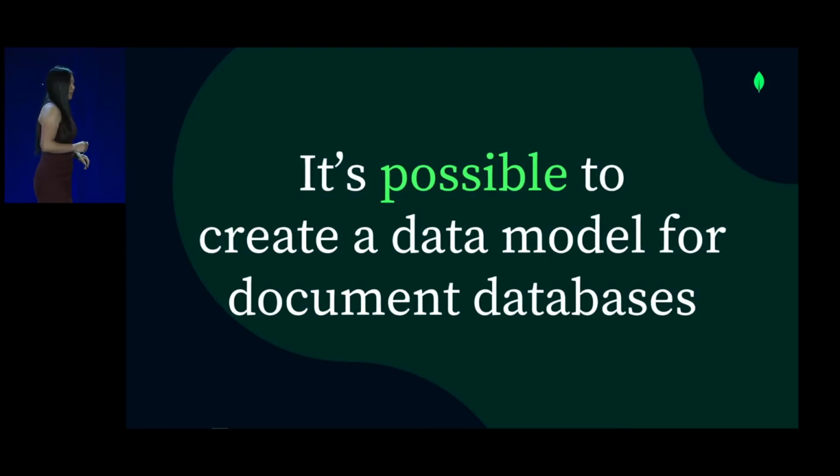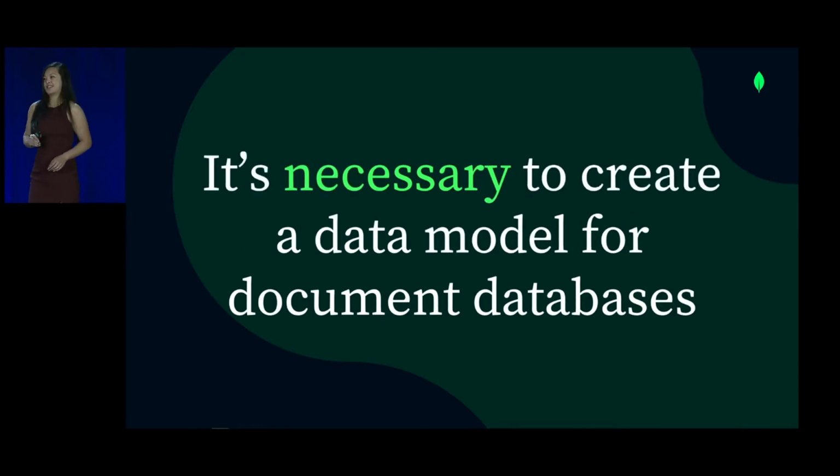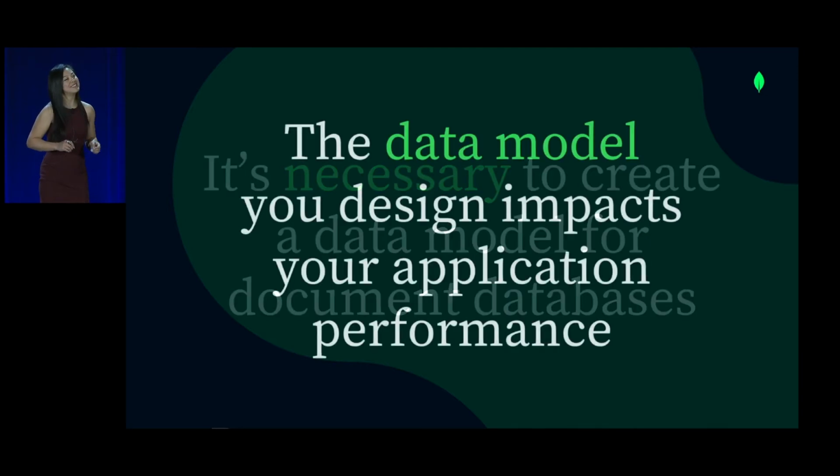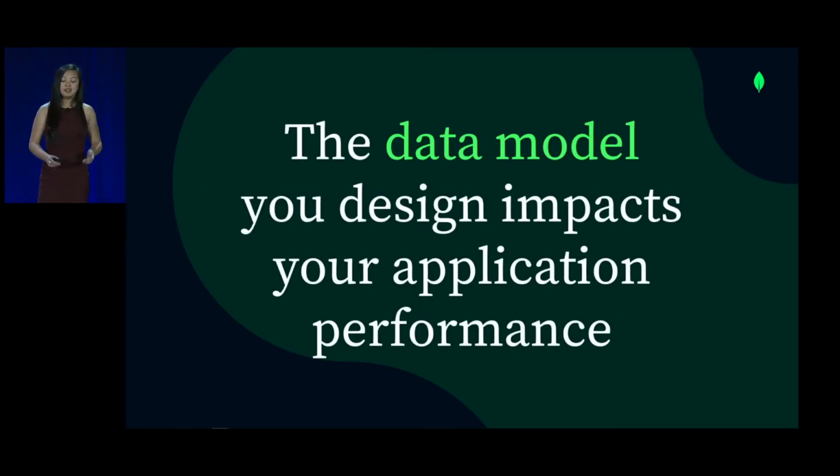If you come away with anything from this session, it's that it's possible and it's necessary to create a data model for document databases, because the data model that you design impacts your application performance. How many times have you gone on social media and you see all kinds of counterexamples, saying, for example, MongoDB is the greatest, I had some staggering performance, I applied it and now everything is so much faster.